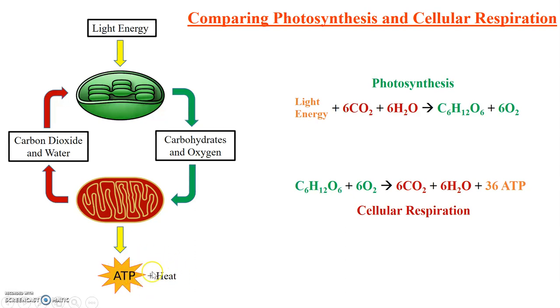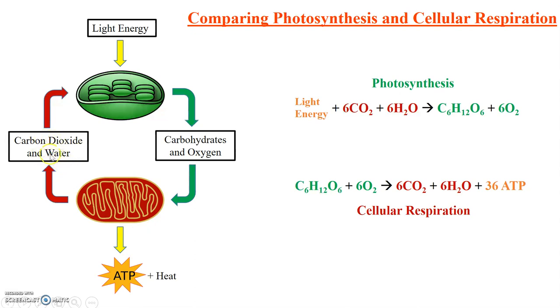There is some heat that is released, and the other products of that are going to be carbon dioxide and water. And so through cellular respiration, we breathe in oxygen, we use that in some reactions to break down carbohydrates, and we breathe out water vapor and carbon dioxide and produce the ATP.